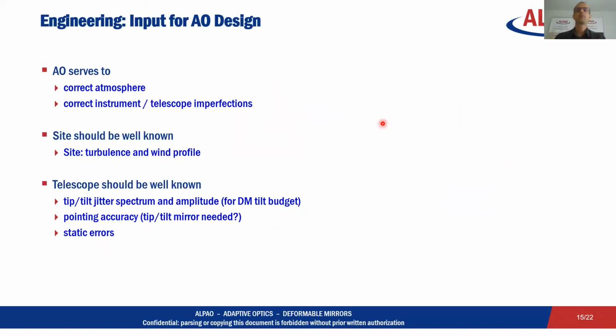The next aspect of engineering is the input information you, as a client, could provide to us as an AO provider, which allows us to build tailor-made systems for you.